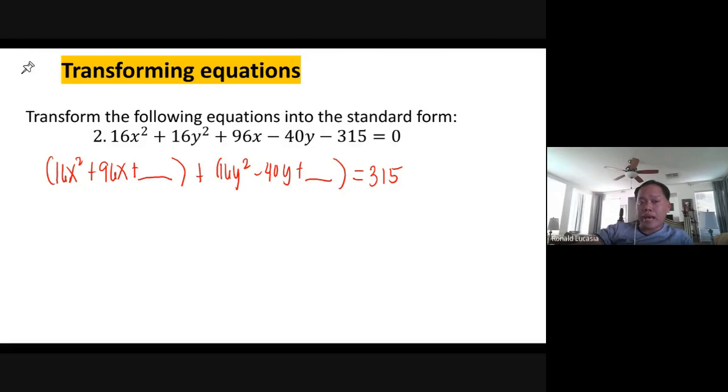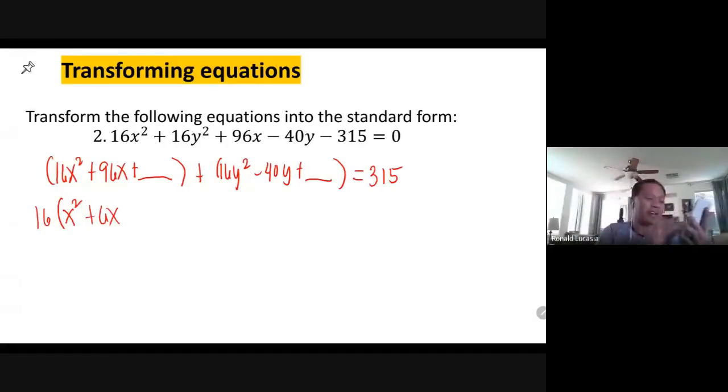So might as well, I will be factoring 16x squared plus 96x since they have a common factor. So I'll be factoring it using common monomial. Only for the numerical coefficient, don't use the x as their common factor. So 16x squared divided by 16, we have there x squared. 96x divided by 16, that's 6x. Am I correct? Let's try.